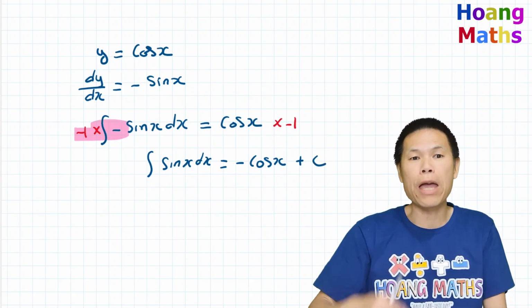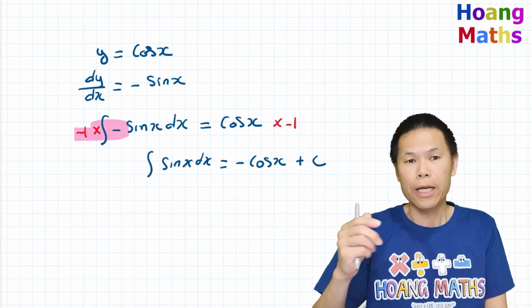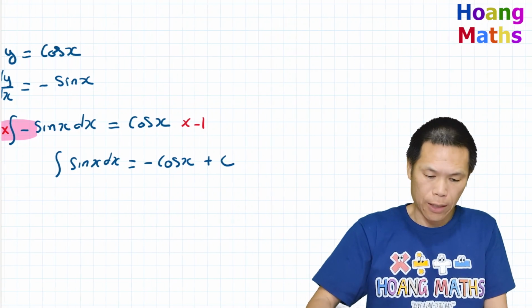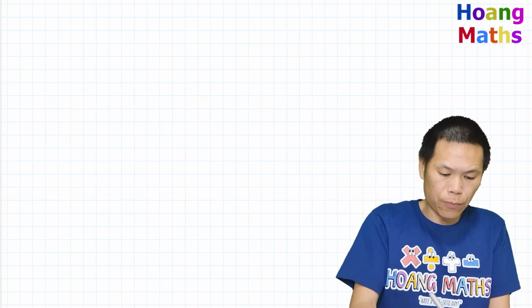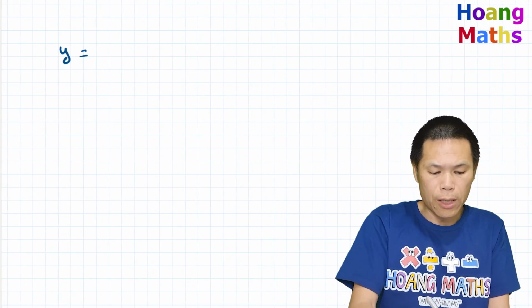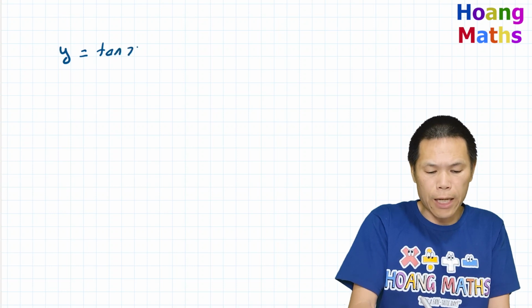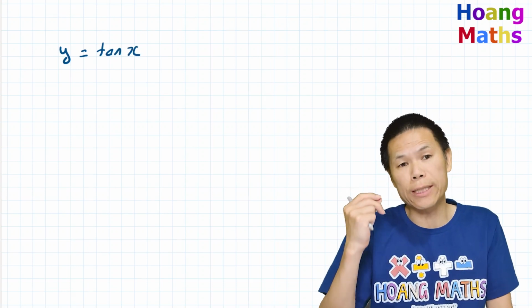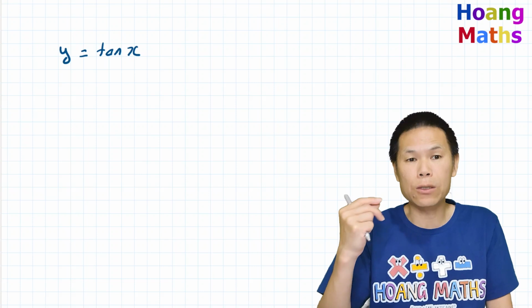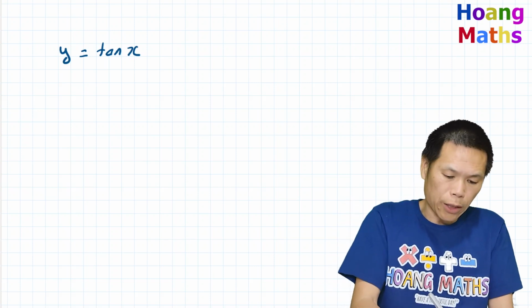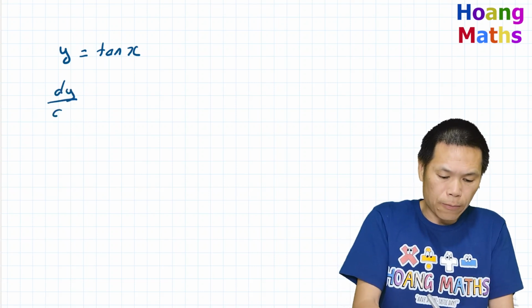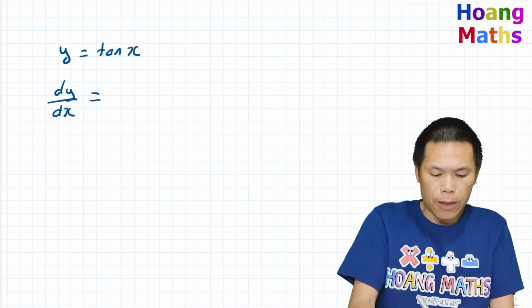And how about if we have a function y is equal to tan of x. We know that differentiating tan of x gives sec squared of x. Keep that in mind. So dy/dx will give me sec squared of x.